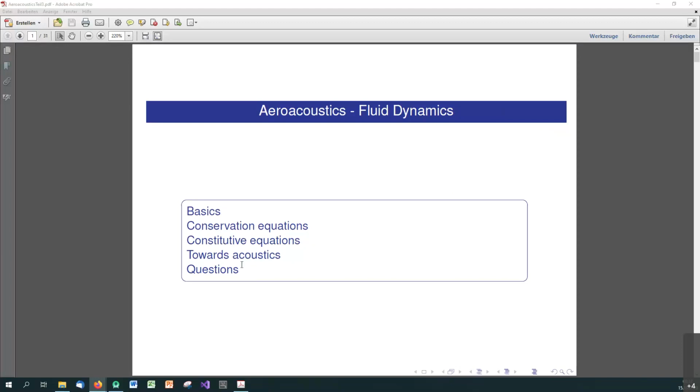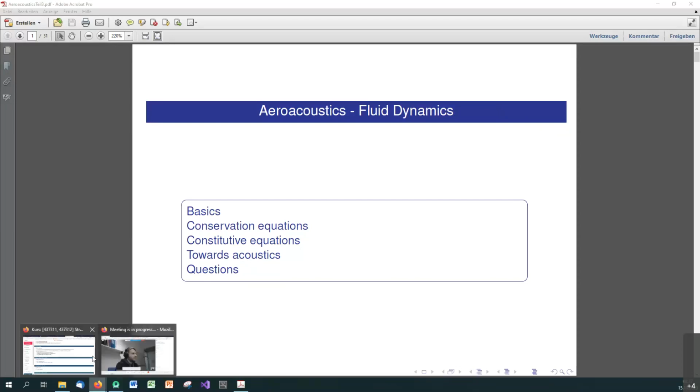Then I will give some motivation towards acoustics. Acoustics is more or less a special case of fluid dynamics, so we cover it partly here, to show how acoustics relates to fluid dynamics. And then there are some questions for you to get feedback on your learning progress. These questions will also be the hand-in assignments you do.